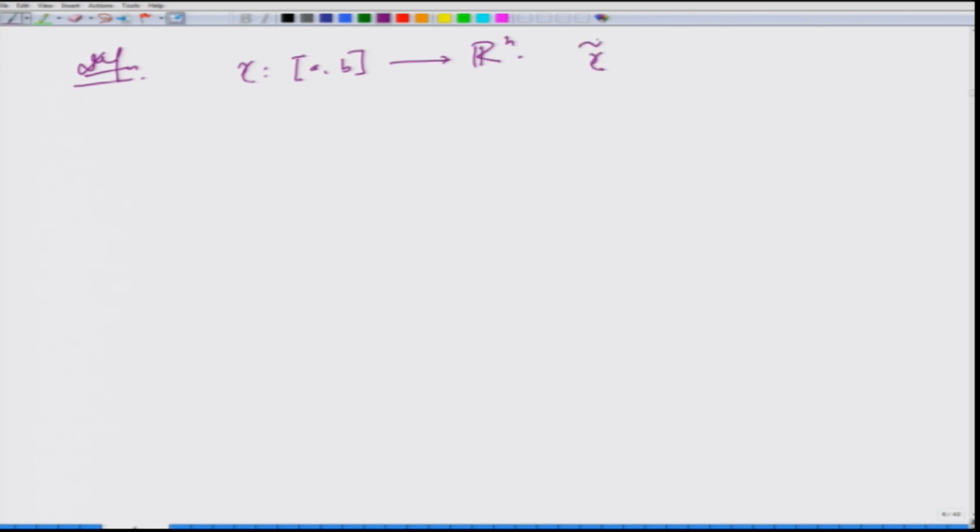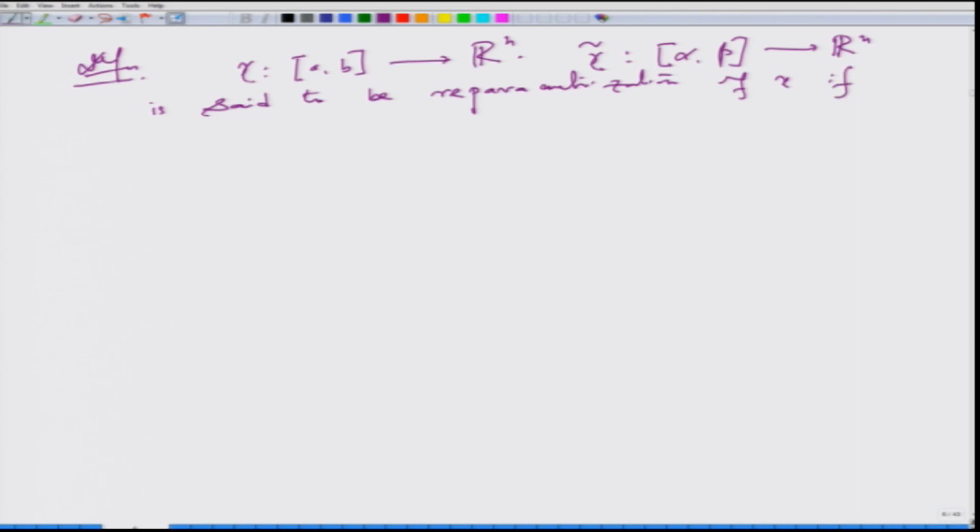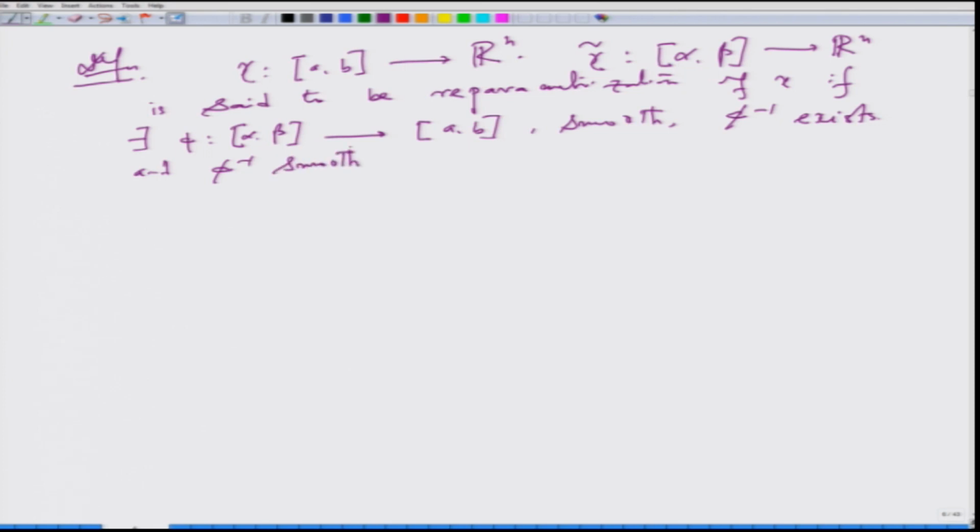Then another curve gamma tilde, from some other interval [alpha, beta] to R^n, is said to be a reparameterization of gamma if there exists a phi from [alpha, beta] to [a, b], which is smooth, phi inverse exists and phi inverse is also smooth, such that gamma tilde(t tilde) equals gamma(phi(t tilde)) for all t tilde belonging to [alpha, beta].